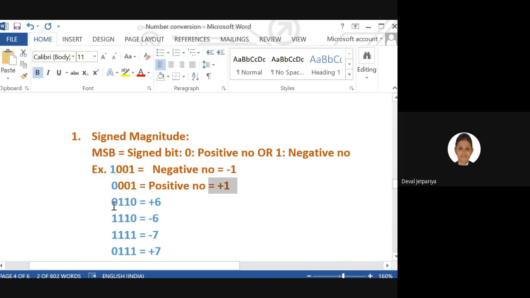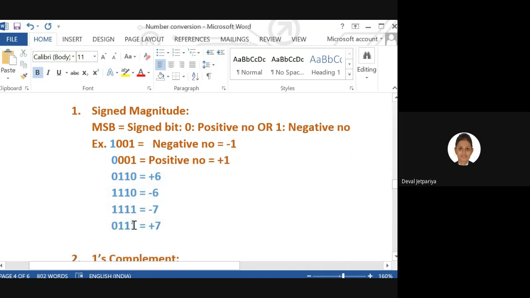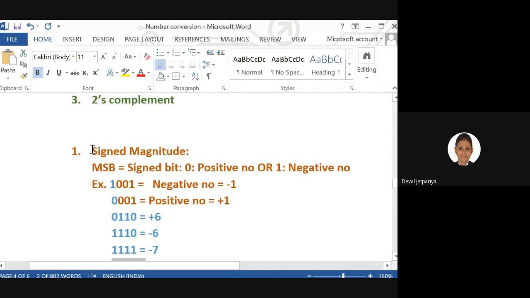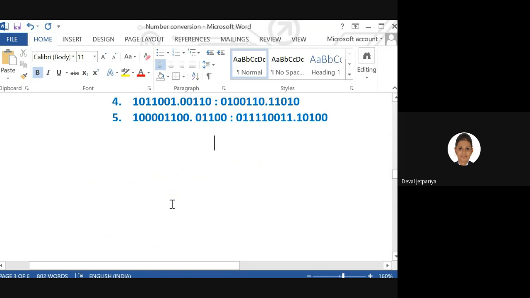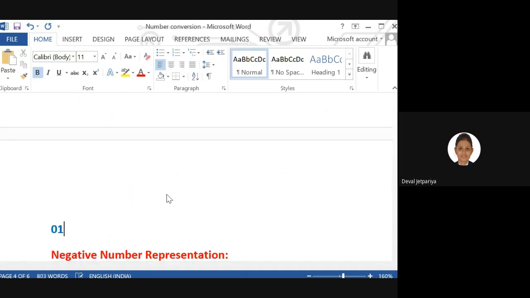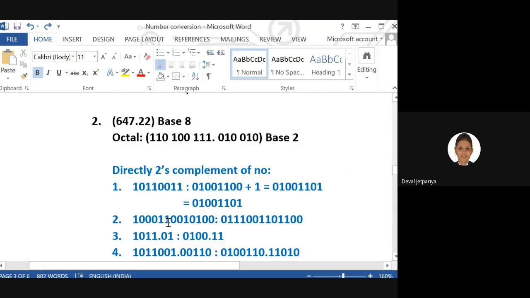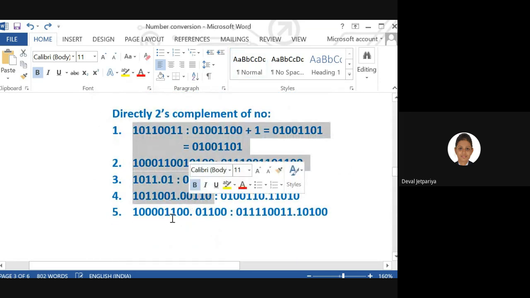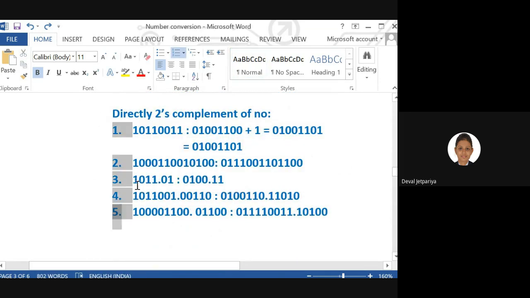In the same way, you can verify your content over here. If the first bit is 0, that means positive. If the first bit is 1, that means negative. For the remaining bits, you can find the equivalent decimal, and that will represent your number. But you can use this in case of sign magnitude only. In every other representation, if the first bit is 0 and the second bit is 1, that doesn't mean the number is positive, and even for these numbers, it doesn't mean every number is negative.